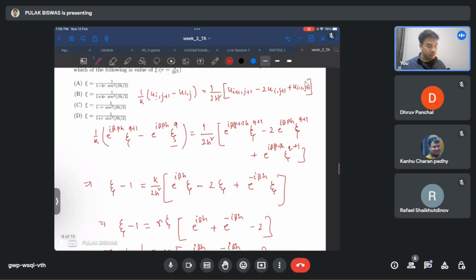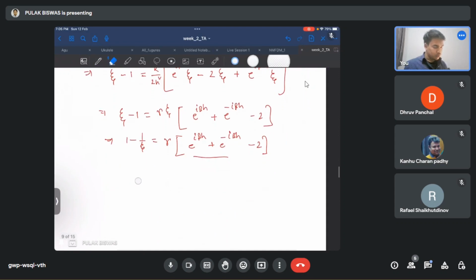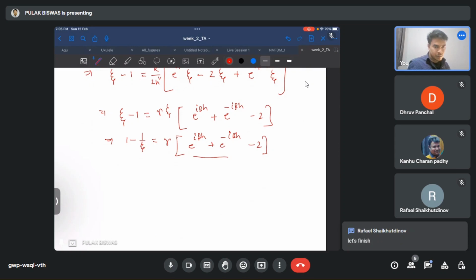Sine squared. I think you can compute from cos theta to sine. Yeah.